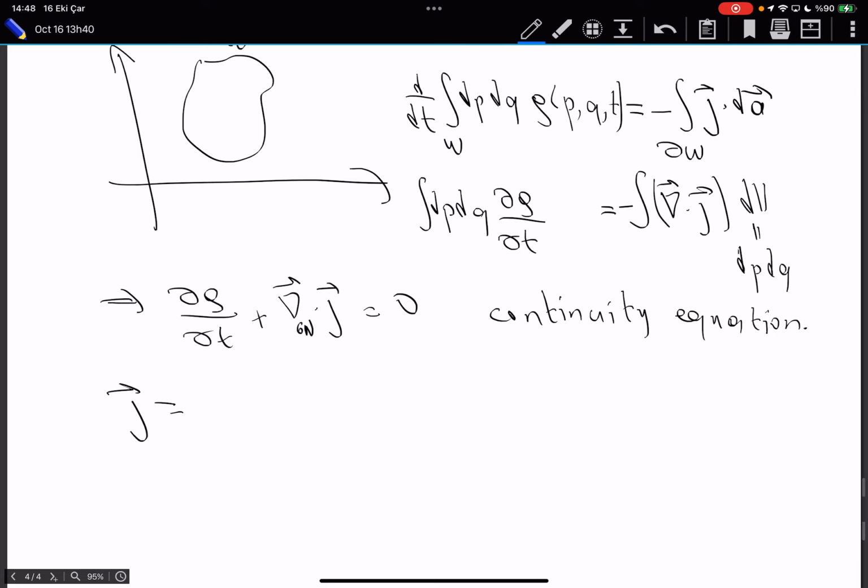Well, the current is nothing but the density multiplied by the velocity. And remember, this is not the velocity in real space. This is the velocity in phase space. Or if you like, I can write this as rho q_i dot and rho p_i dot, where i goes from 1 to 3n.